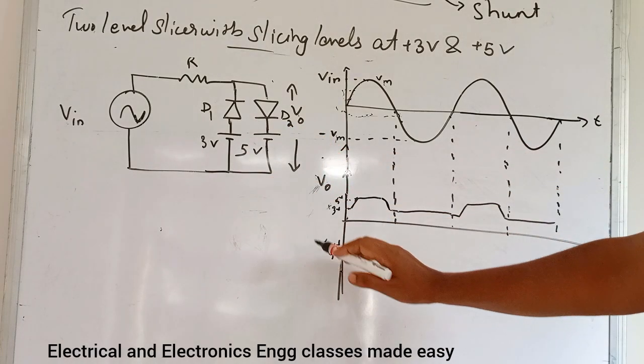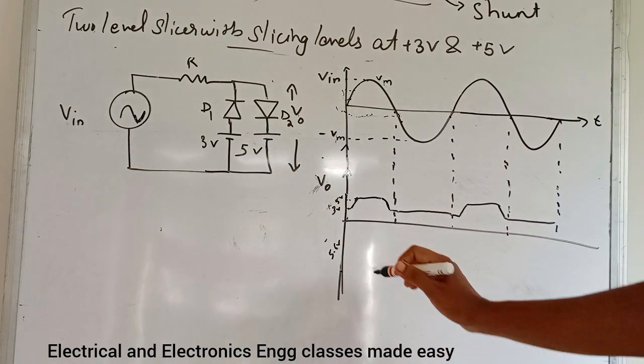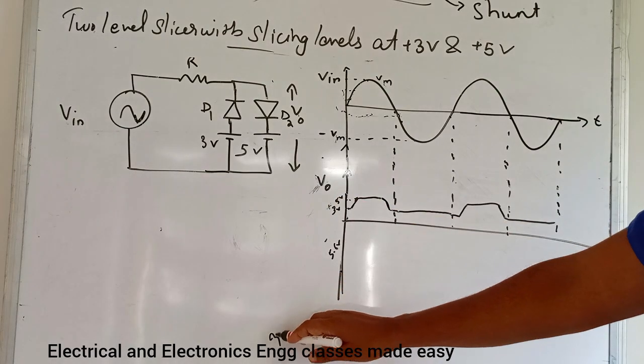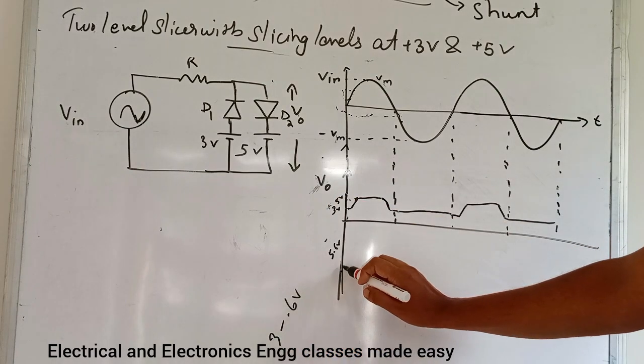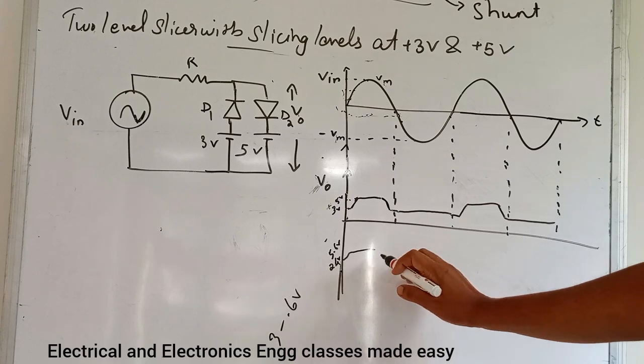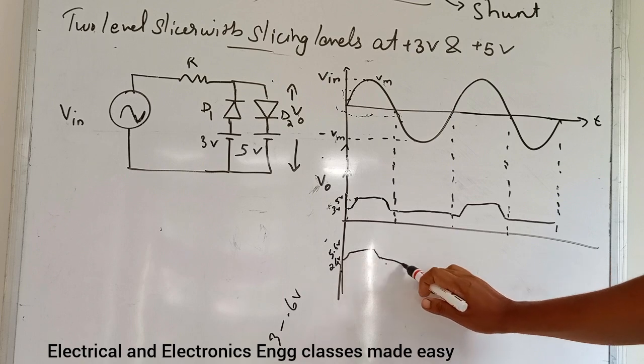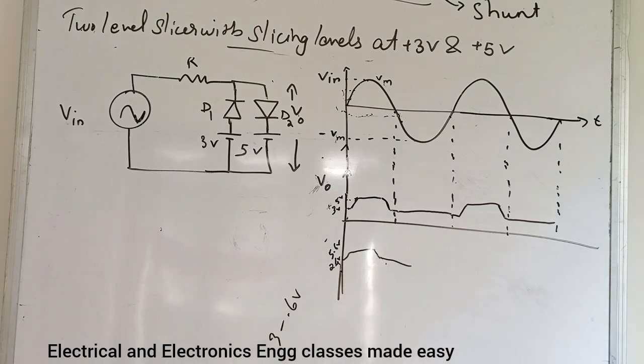So if the voltage drop across this diode D1 is 0.6 volt, then 3 minus 0.6 volt, that is here this voltage level will be 2.4 volt. So we will get a waveform between 2.4 volt and 5.6 volt. So this is about the two level slicer with the slicing levels at plus 3 volt and plus 5 volt. So that is about the clipping circuits.